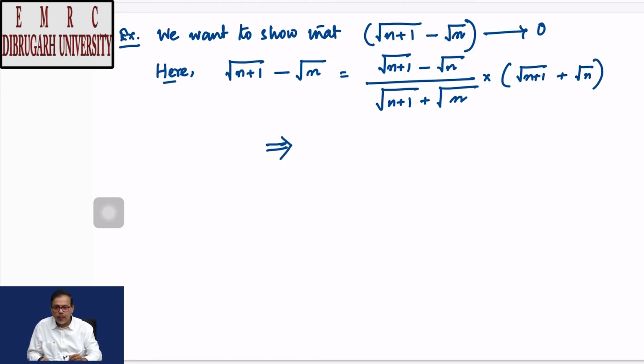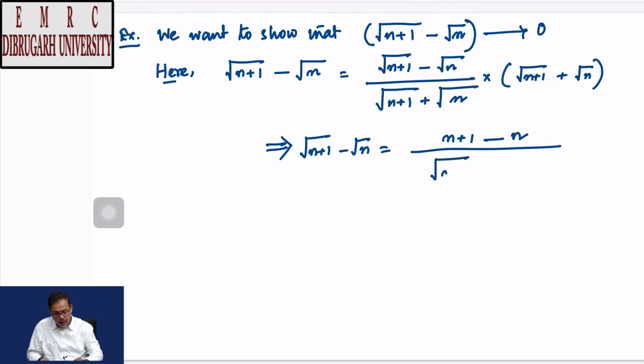This gives me (n + 1 - n) over (square root of n + 1 plus square root of n), and this is 1/(square root of n + 1 plus square root of n).